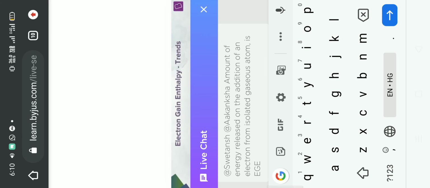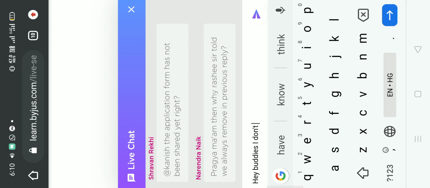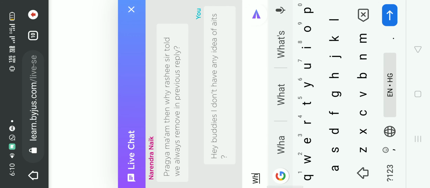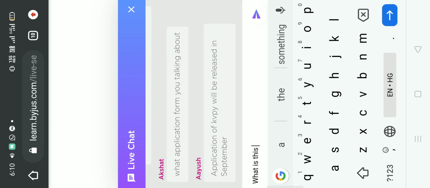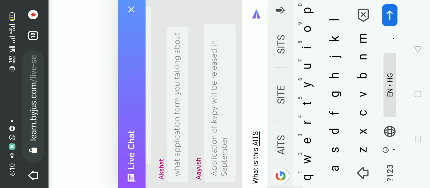Okay. But if I talk about positive electron gain enthalpy, these are the ones that should knock the doors of your mind. Inert gas elements: you know that they have noble gas electronic configuration. They do not want an electron. They are satiated. Alkaline earth metals: the valence shell electronic configuration is ns2, fully filled orbitals are there.